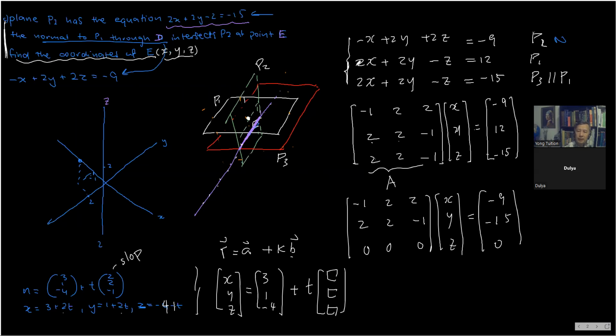Do you remember the first plane? 2, 1, -1. Did you use 2, 1, -1? That will represent the straight line normal to the first plane. Do you agree? Normal to the first plane.